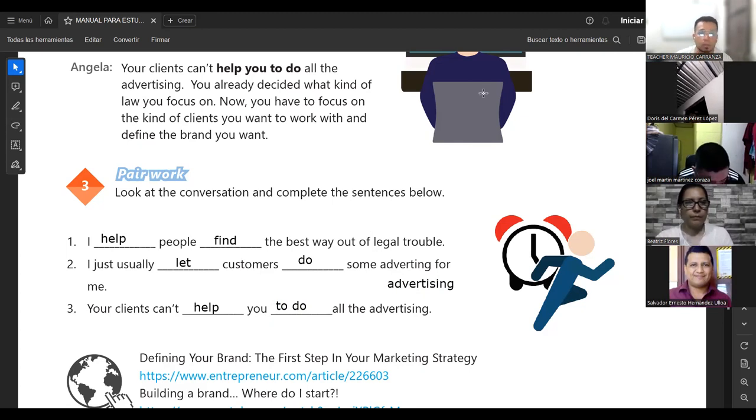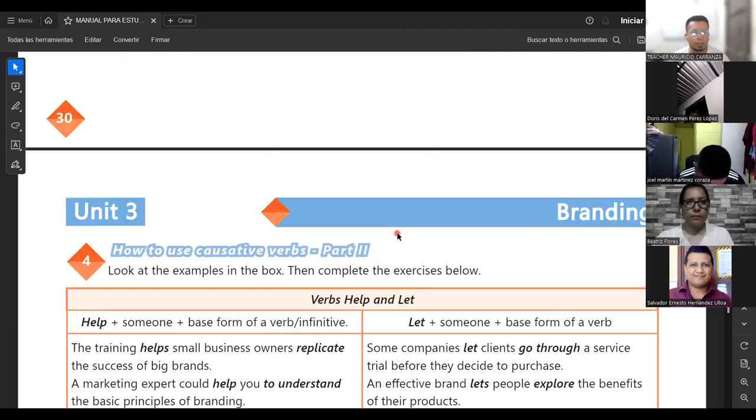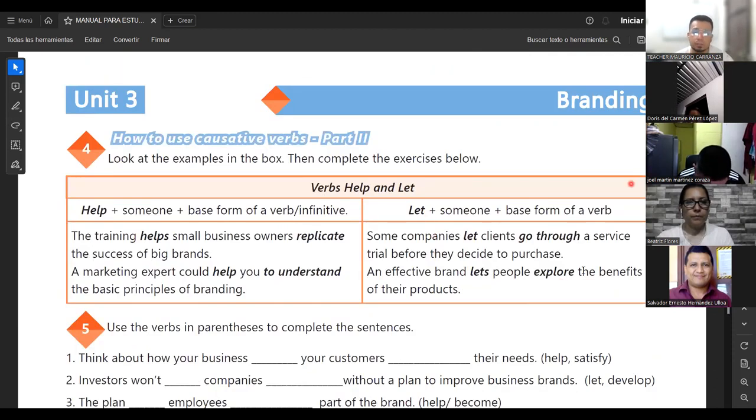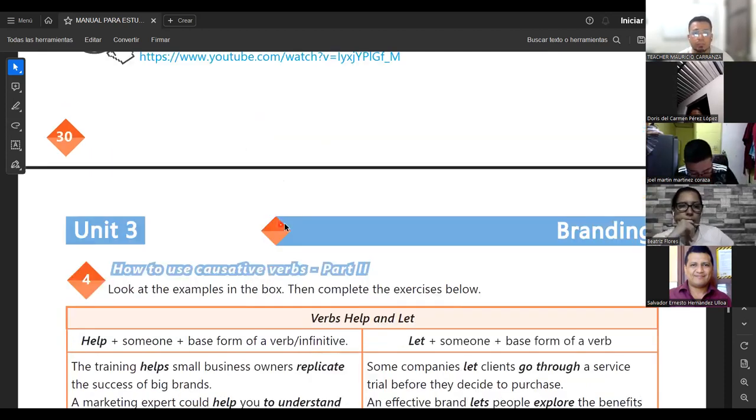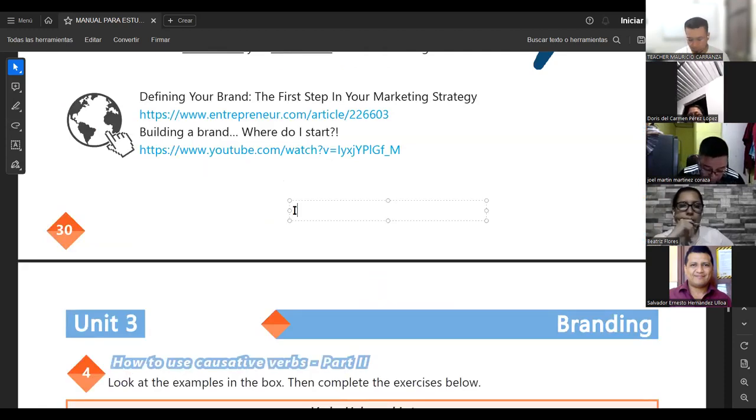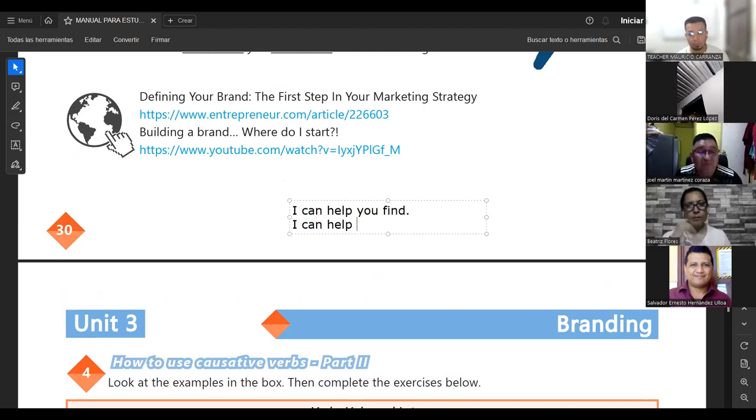So as you can see, it's very easy. I already explained the causative verbs. The only verb that accepts both ways is help, right? You can use it with the infinitive. You can say, for example, I can help you find, or you can also say, I can help you to find.